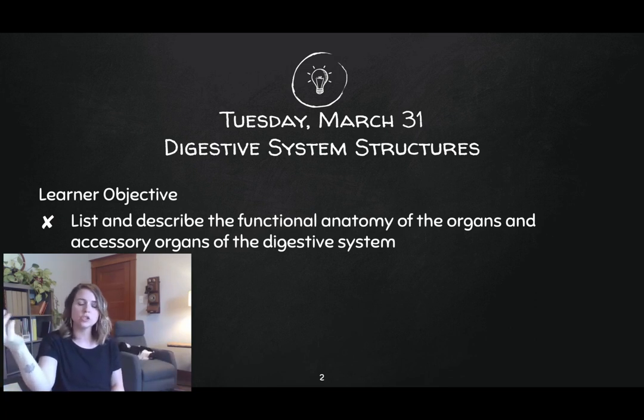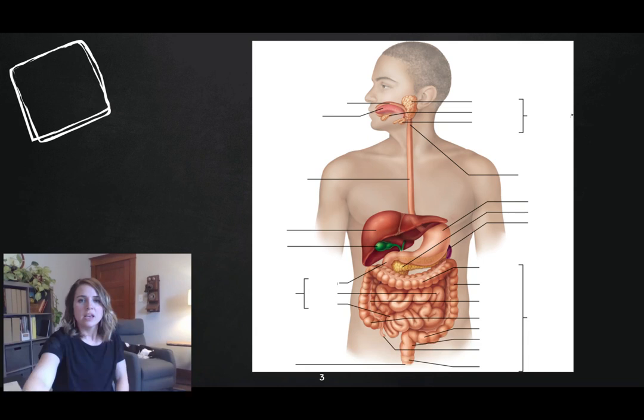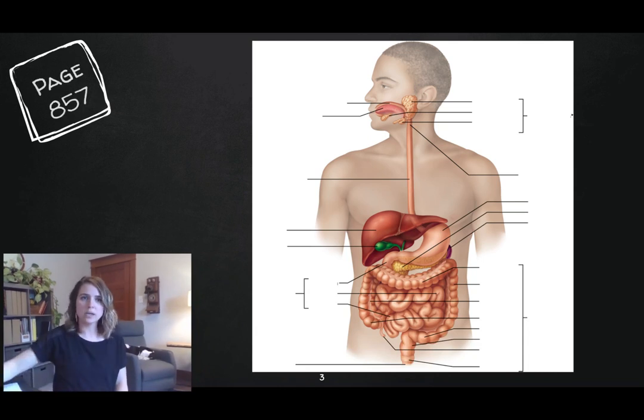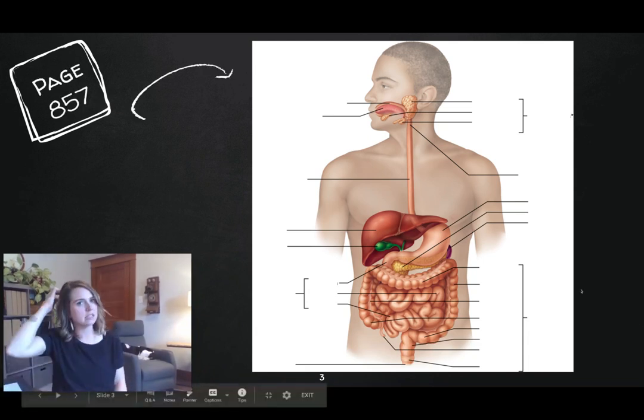We're just going to go over the basic structures and briefly the processes of the digestive system and all the organs that we're going to see here. If you have your textbook handy, page 857 might be super helpful.